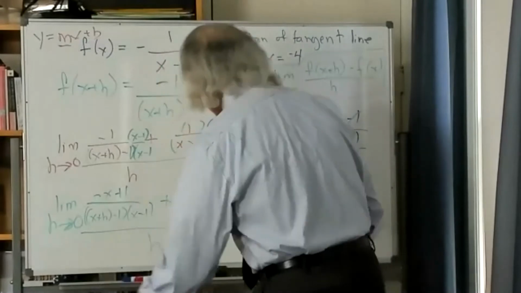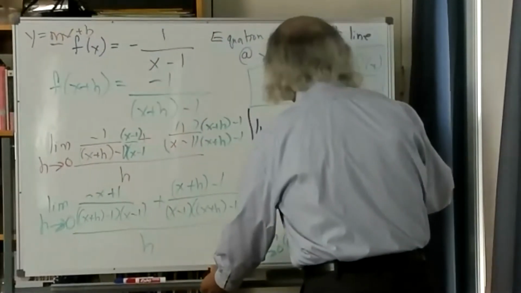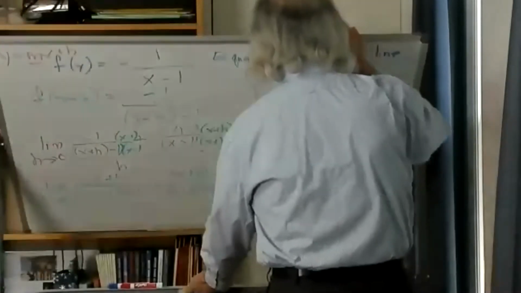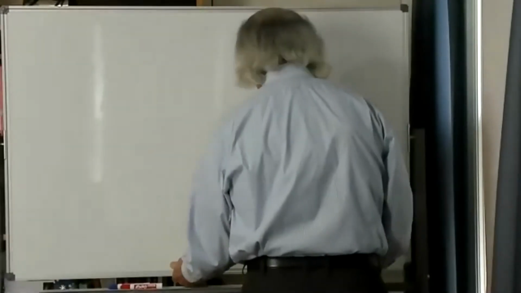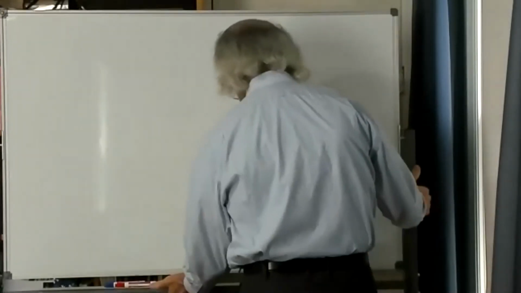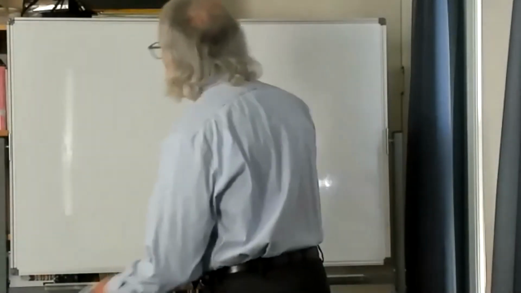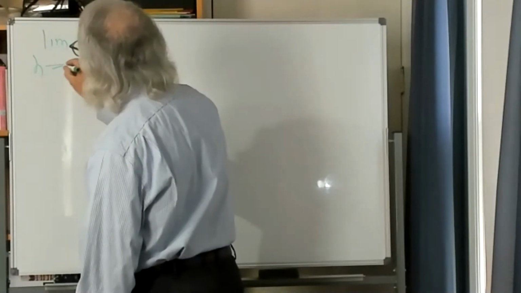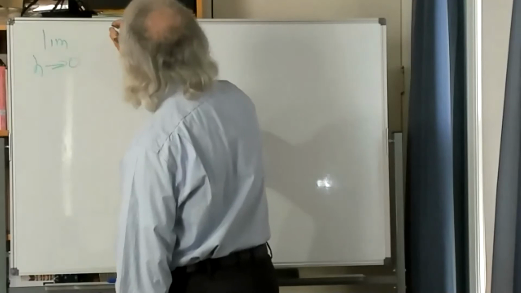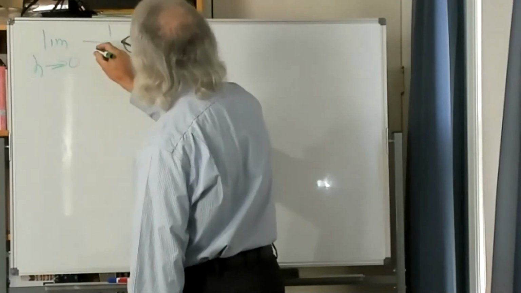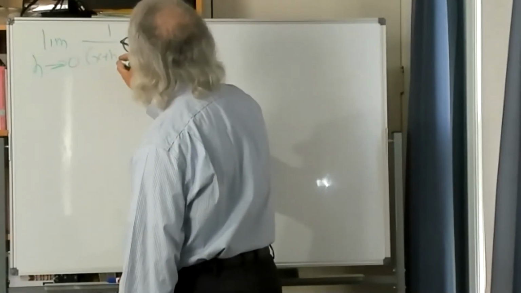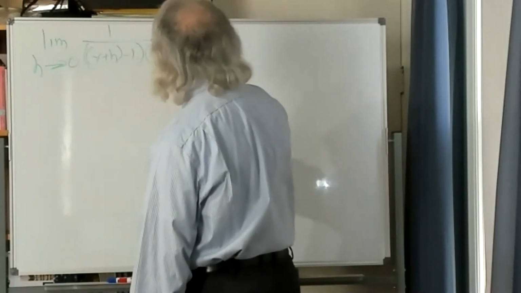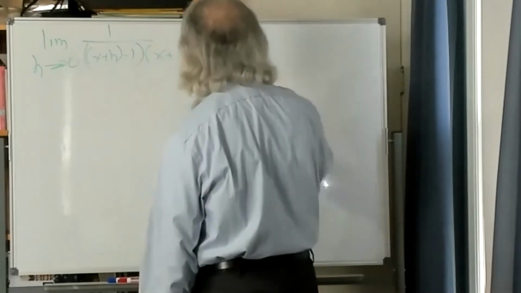Let's flip the screen. I have the limit as h approaches 0 of 1 over x plus h minus 1 times x minus 1.